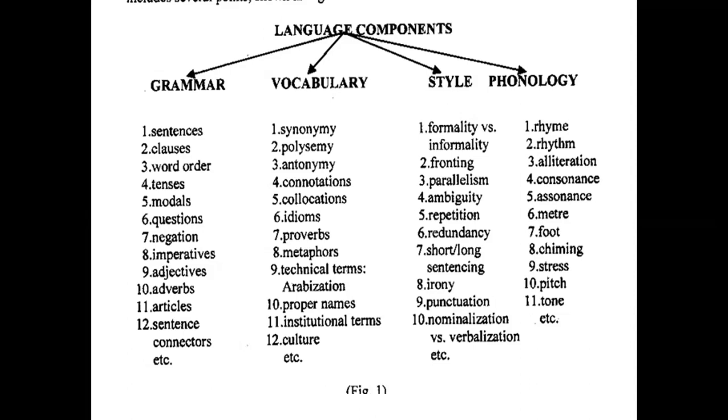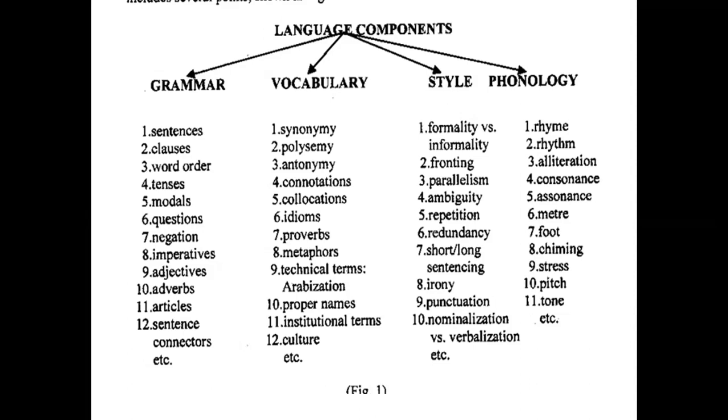In translation in general, we focus on the meaning, and we focus on the grammar, vocabulary and style first of all. But in poetry, for example, sometimes the prosodic features like rhyme, rhythm, and alliteration are more important than the meaning or the content itself. Thus, in this situation, we will highlight the phonological aspect. So the text type is very important and plays an important role in translation.